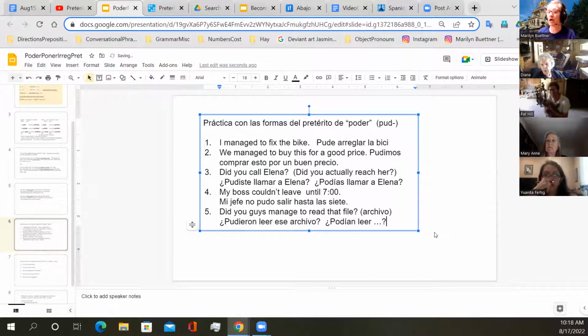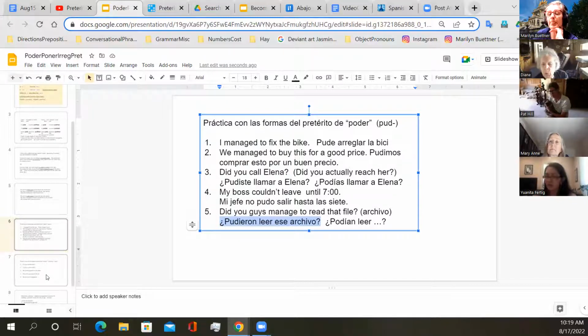It would imply, were you capable of reading it? Like maybe was it legible? Or maybe were you able to find it so that you could actually have it there? But pudieron leer ese archivo would indicate that you're asking, hey, did you actually get it done reading through that whole file? Did you actually do that action of leer? Did you get that done? So poder gets a really special meaning in pretérito.